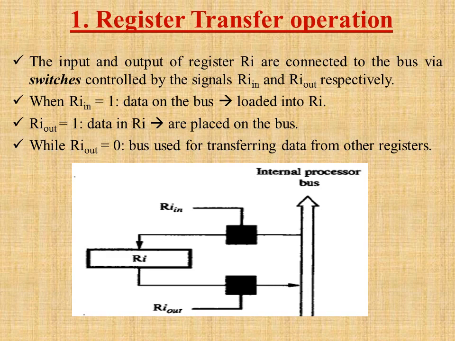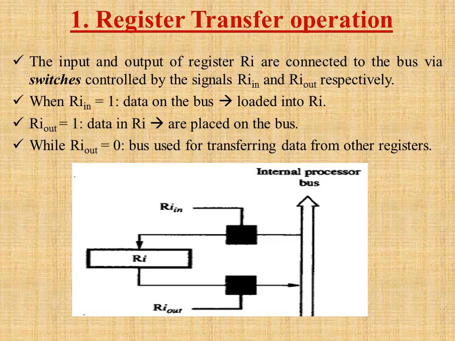Suppose I want to put something into the register RI, which is coming on the internal bus. I will supply RI in equals 1 and RI out equals 0. Whatever the contents of the processor bus are, it will go inside the register and stay inside the register RI.